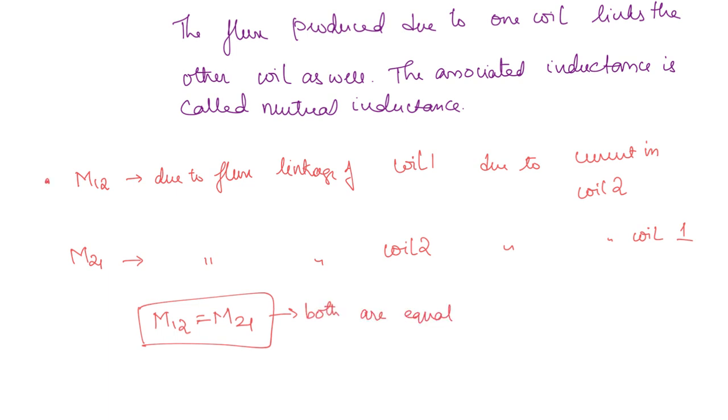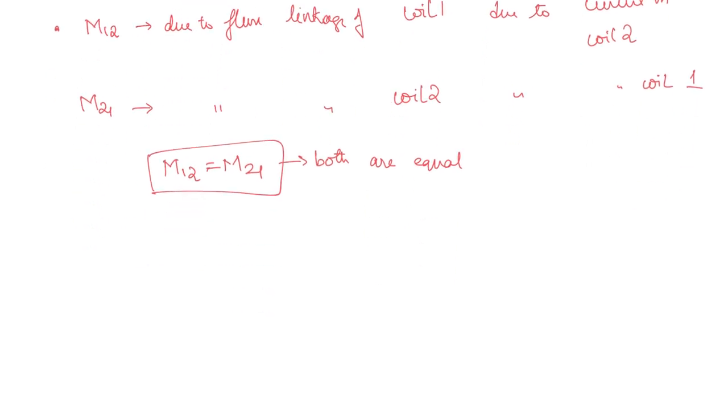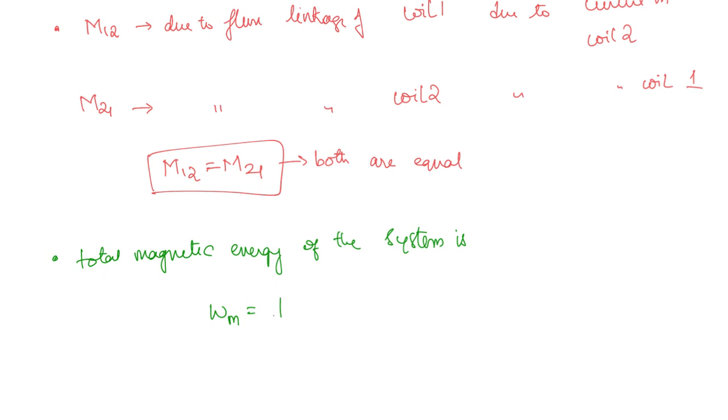So when the mutual inductances are also considered, then what will be the magnetic energy? Okay, total magnetic energy of the system is equal to Wm, this is half L1 I1 square, the energy due to the self inductance of coil 1, plus half L2 I2 square because of the self inductance of coil 2, okay, plus or minus M12 I1 I2.